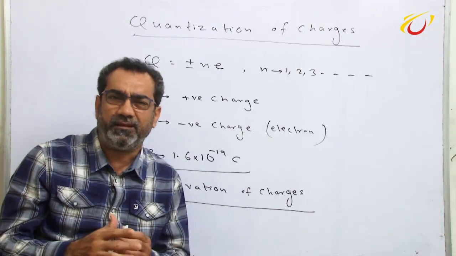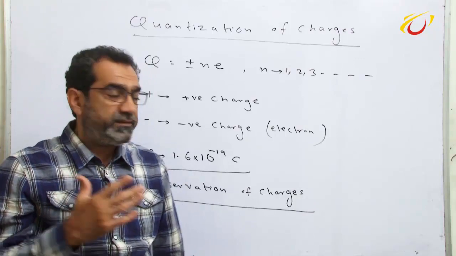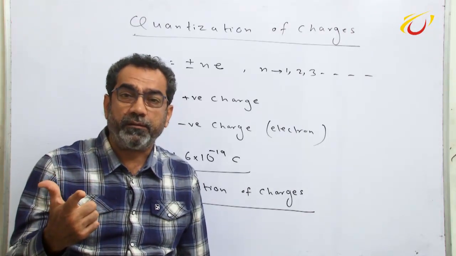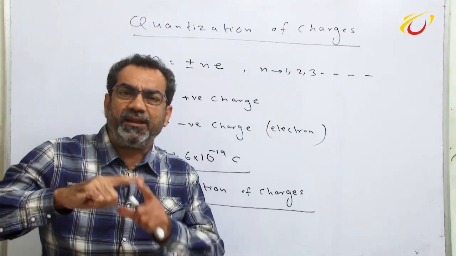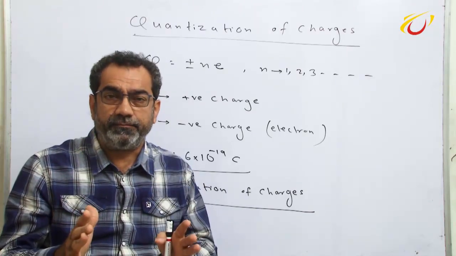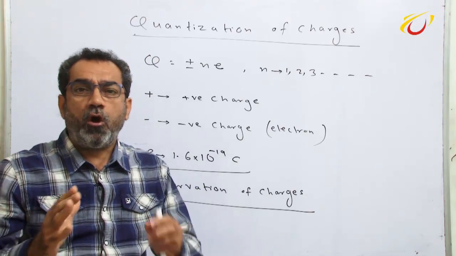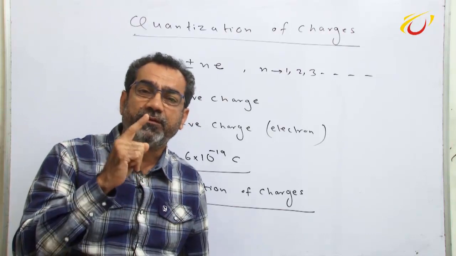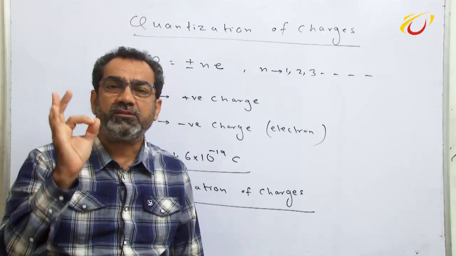Here we have to speak a little bit differently. It says that charge cannot be created, cannot be destroyed, but can be created or destroyed pairwise, and the total charge of an isolated body, meaning there is no external effect on that body, always remains constant.